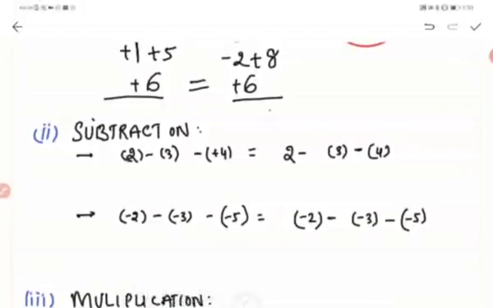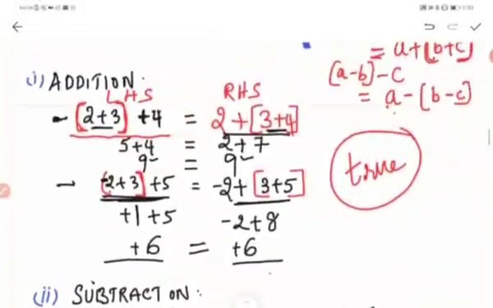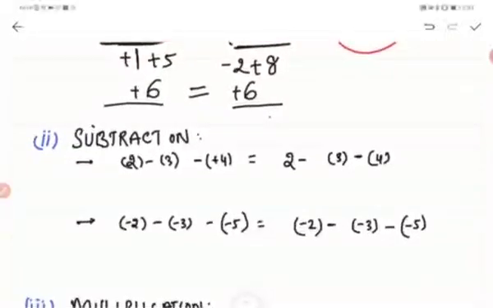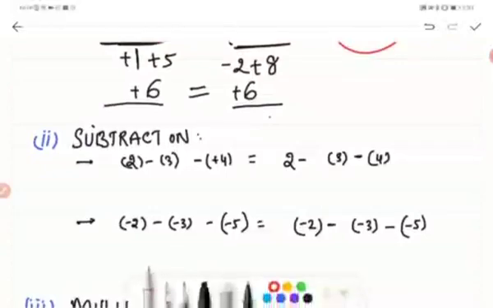What do you think? Under subtraction also, is it true? Will it be associative for integer subtraction? Let's find out. Okay, I took 2 minus 3 in parenthesis, minus 4, a scenario like this. So I will shift this bracket to this side: 2 minus of 3 minus 4 in the parenthesis.